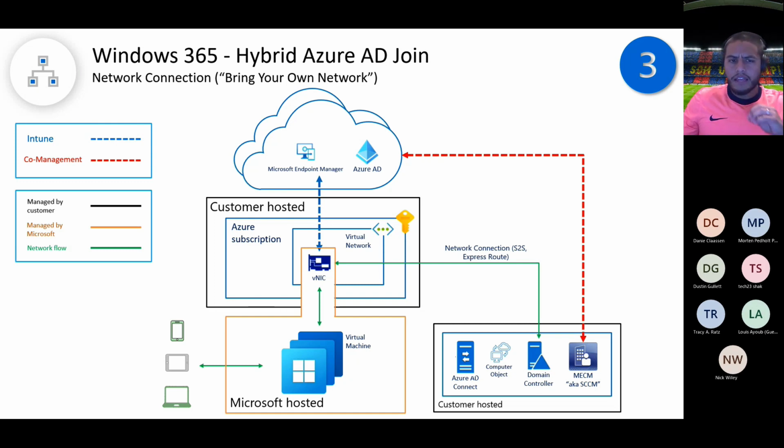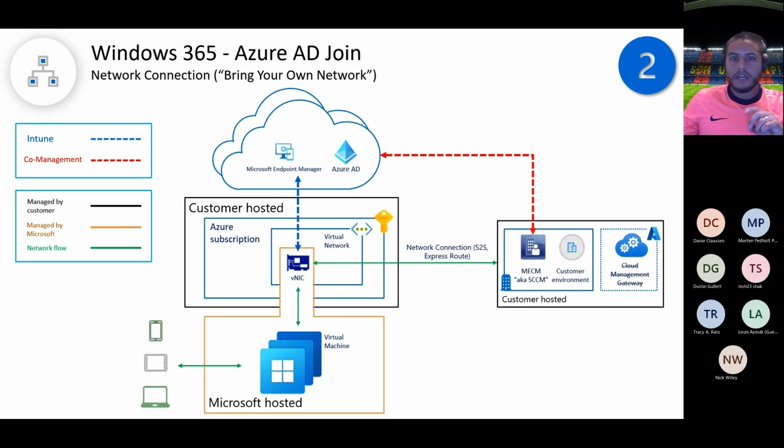Actually, I'd like to mention one thing that I forgot to cover in the previous design, option 2. If you end up going with the co-management route for option 2, and you want to target your Cloud PCs, Azure AD join devices, I would suggest that you move most of your workloads to the cloud, so Intune can cover all of that PC management area, and keep the application delivery workload through your SCCM.